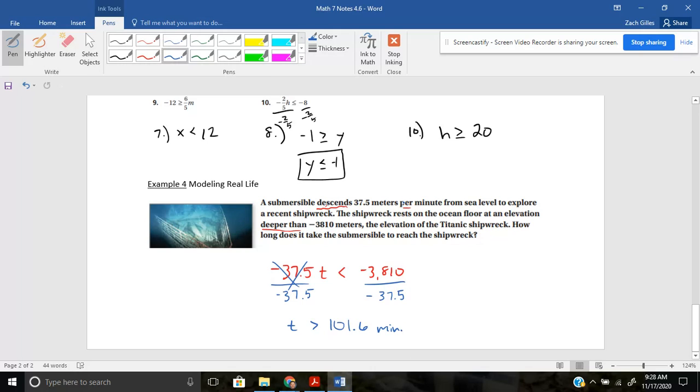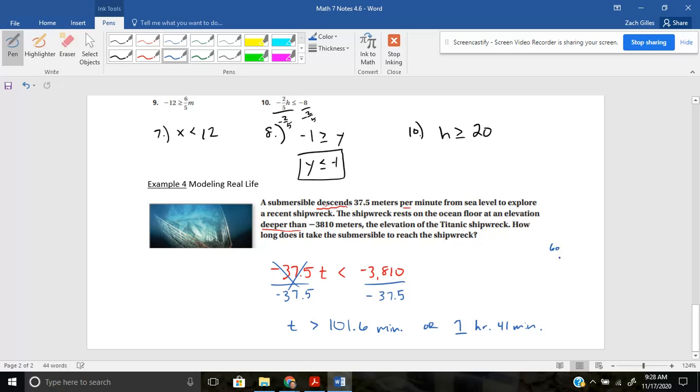Now, you can also think about this in hours if you want. So how many hours would this be? Well, subtract 60, because there are 60 minutes in an hour, so 1 hour would be 60 minutes. And 41 minutes would get us to 101. And then 0.6, convert 0.6 of a minute to seconds.